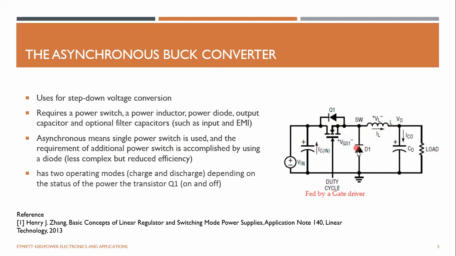But when you use a MOSFET instead of a diode, the MOSFET turn-on resistance is very low, around 10 milliohms. So you can reduce the power dissipation if you use another power switch like a MOSFET.